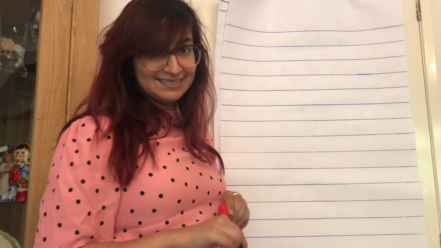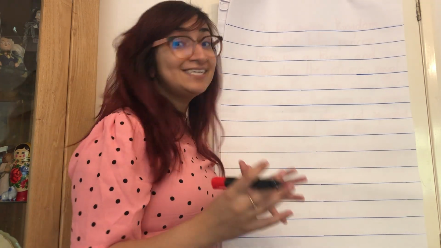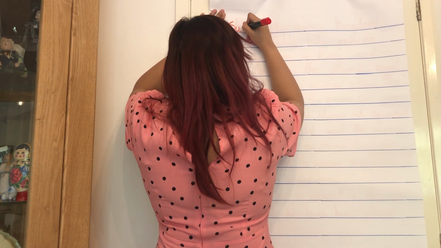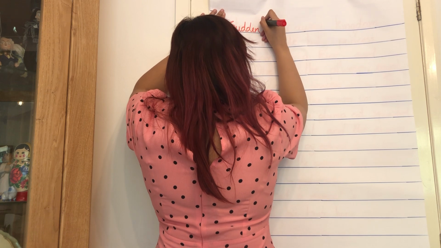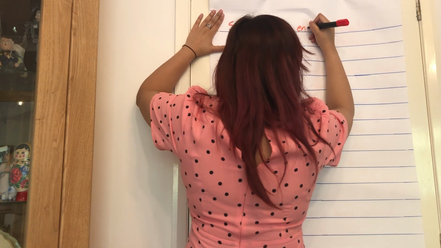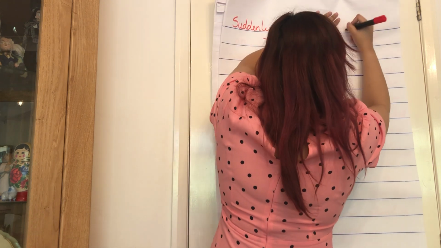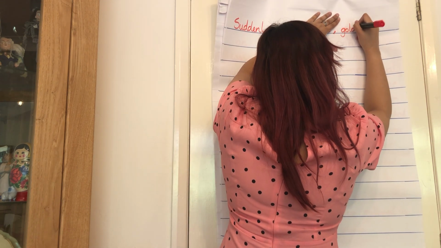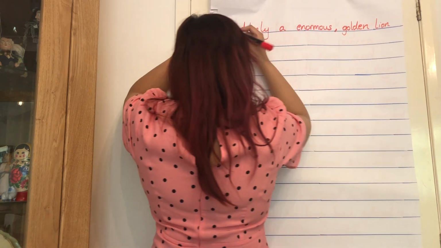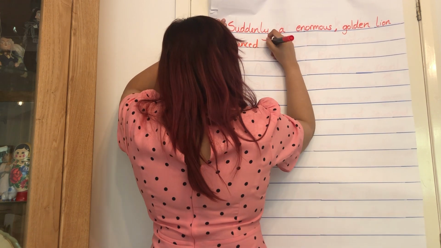So, let's begin. We're going to start with our sentence opener, which will be suddenly. So, capital letter, suddenly, an enormous golden lion pounced from where?